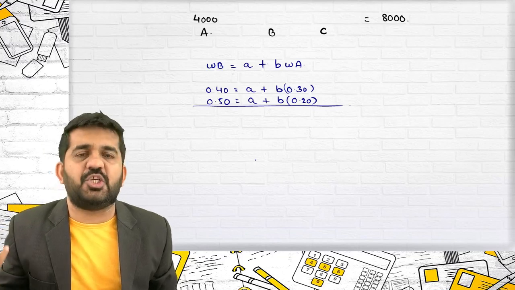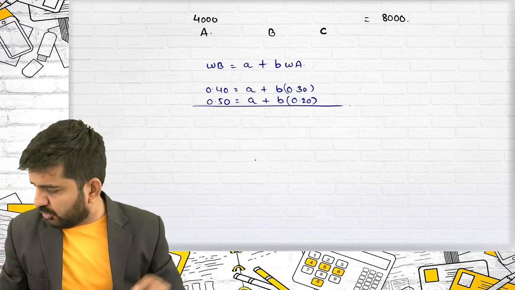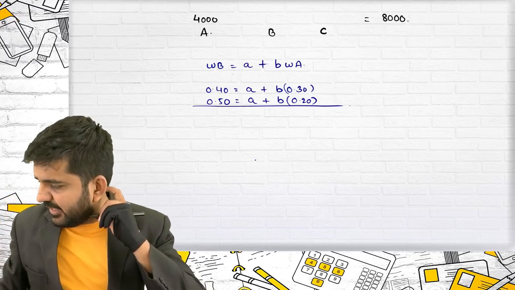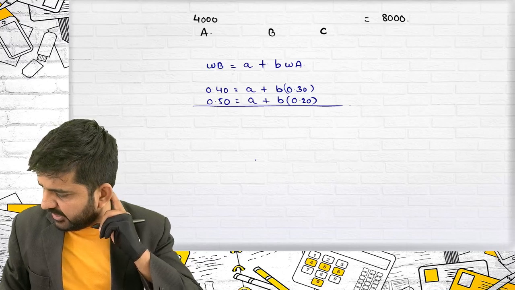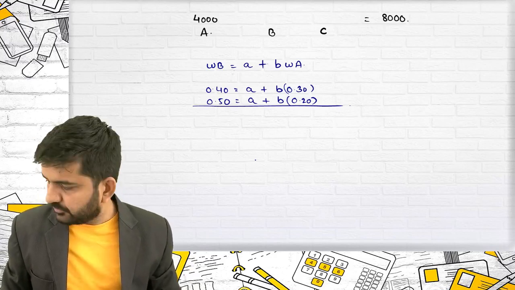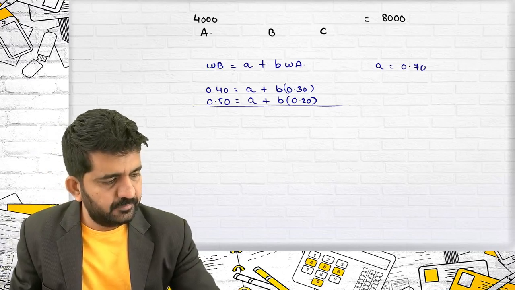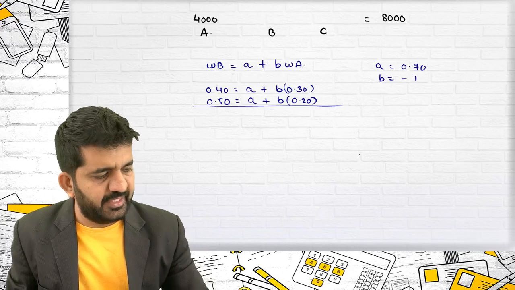By the simultaneous equation method or any other method, you can easily solve it. If you find out your origin and scale, origin will be 0.70 and scale will be -1.